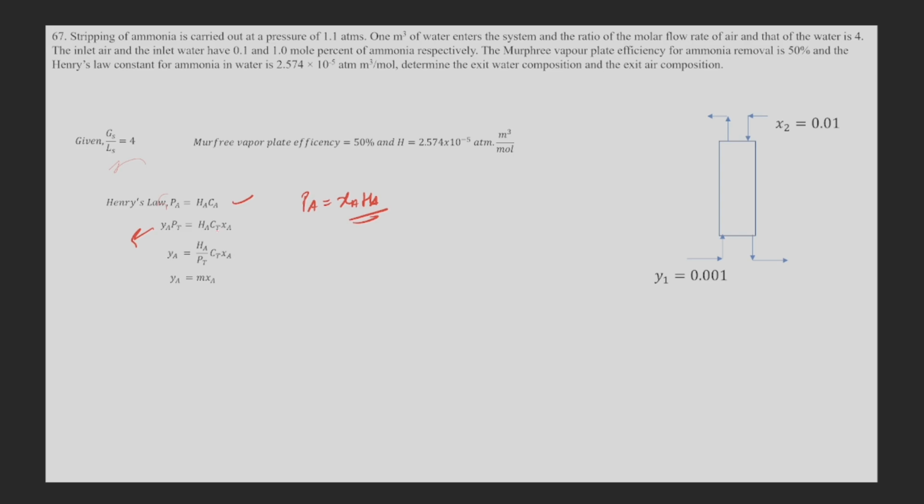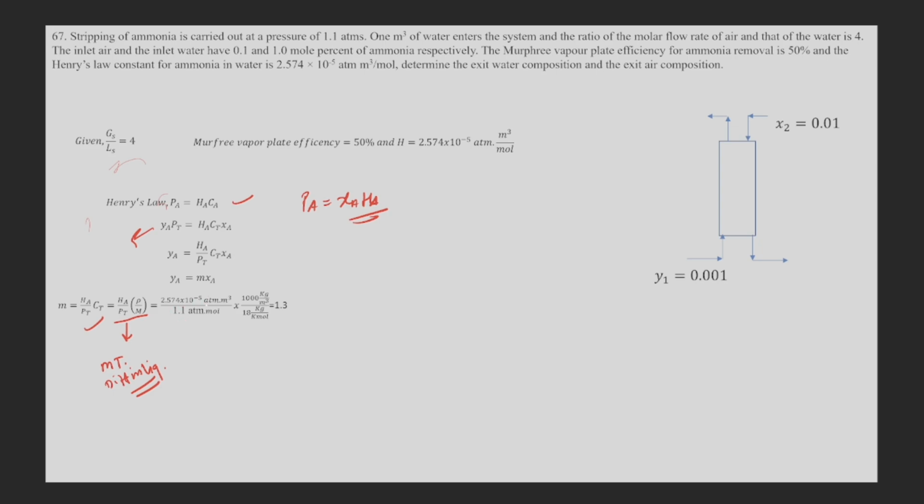So Y equal to mX. What is m here? So m is equal to H upon Pt into Ct. Ct is rho by M. From where will it come? Refer to mass transfer, diffusion in liquids. You will know that.